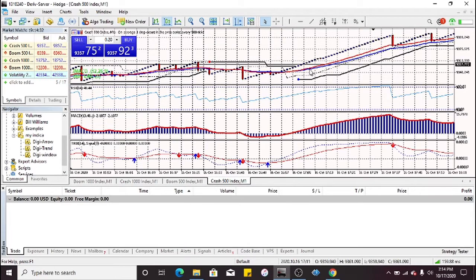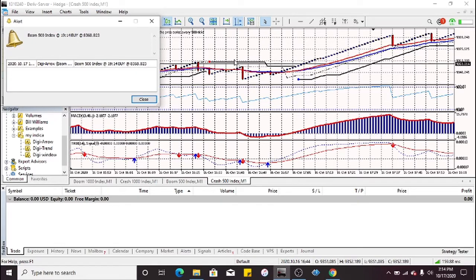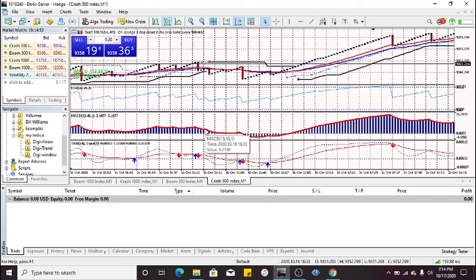You can ride a whole swing with this indicator, and it can also help you to capture a spike, depending on what you are doing on the markets. We have people who come on the market to capture only spikes, people who do the normal trading, and people who do both. Whichever you want to do, this is the best indicator for you right now.